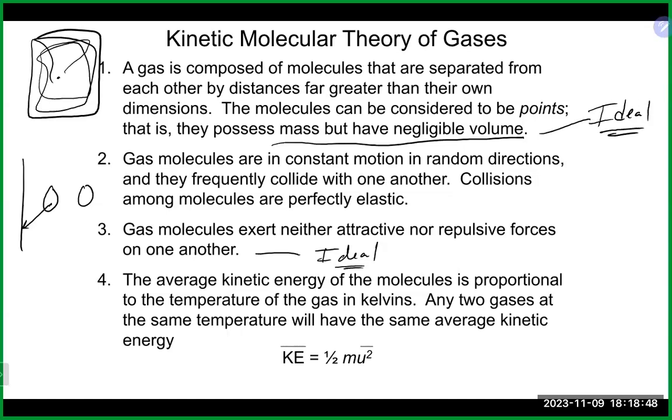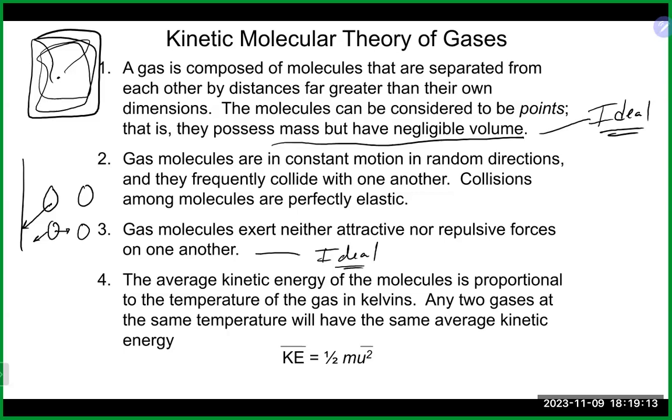But if this gas molecule, for example, was attracted to the one behind it, there's going to be some attractive force pulling it backwards away from that wall. And that's going to have an effect on the rate of collisions that it might have. So in a non-ideal or real gas situation, those attractive forces will have a role in affecting the pressure.